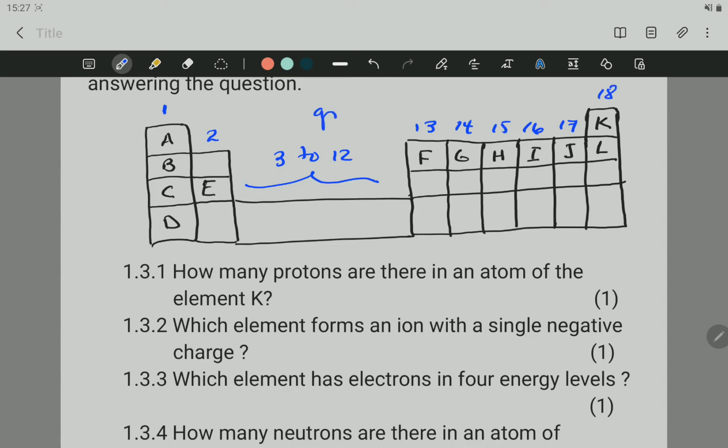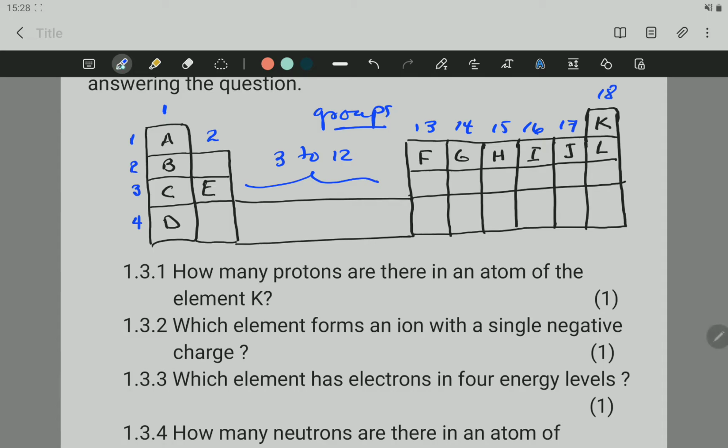Those are the groups, okay? And on the side, we have here period 1, period 2, period 3, and period 4. So this is just to have an idea of what portion of the periodic table we are working with, okay?